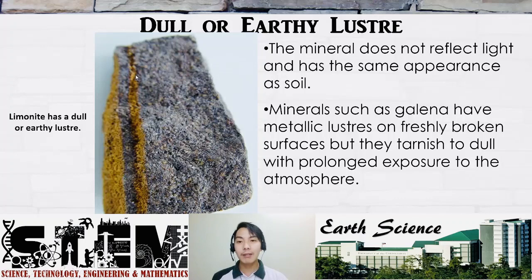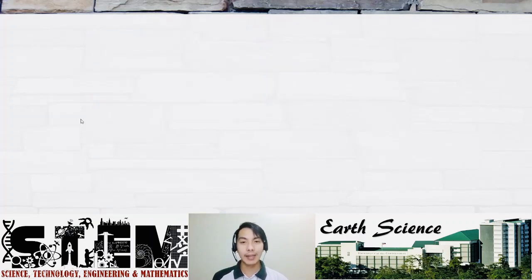If a mineral already looks like it's simply a rock or soil, then it exhibits a dull or earthy luster. Example shown here, we have limonite, which has a dull or earthy luster. So that is luster.